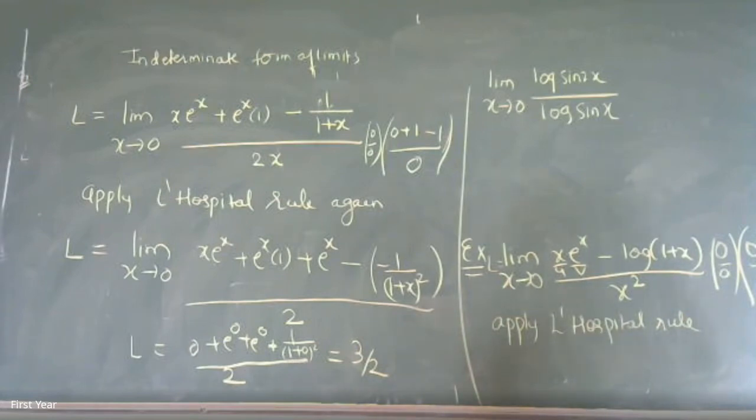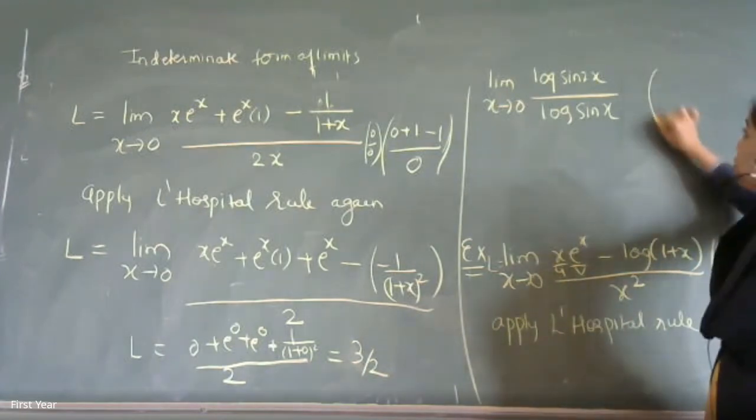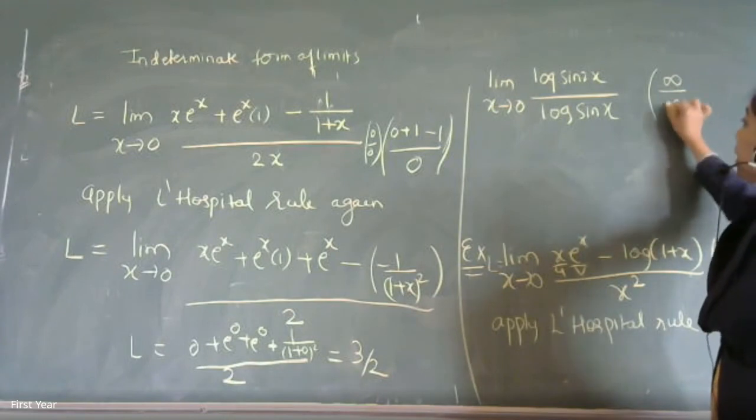Now here in limits, log 0 is undefined, which we are going to take as infinity. Generally we say it is minus infinity, but here we take infinity because the two minus signs will cancel. What is the form that we get here? Infinity by infinity.